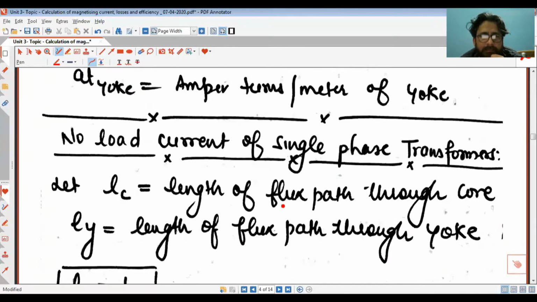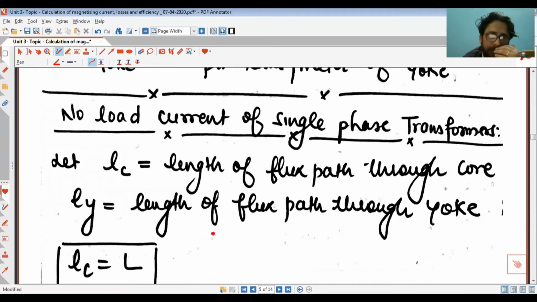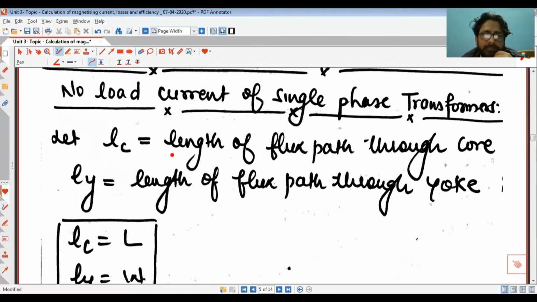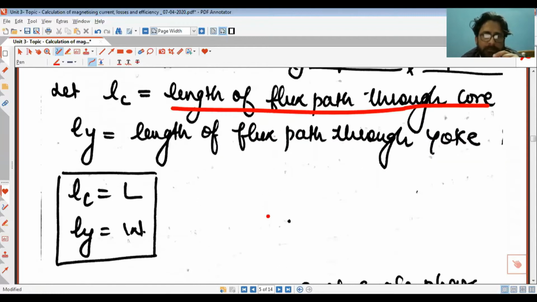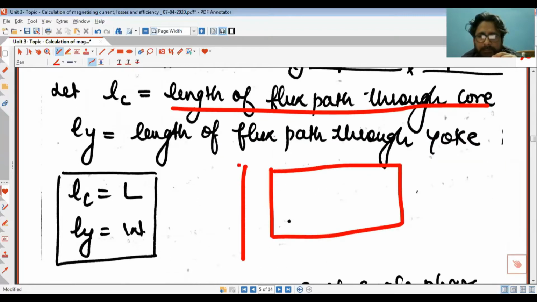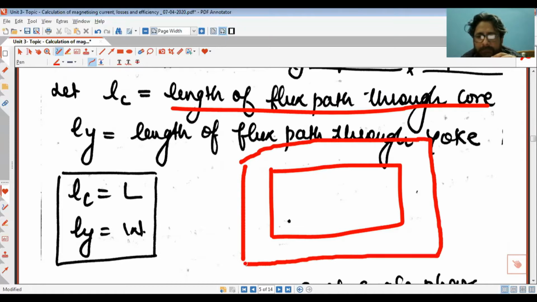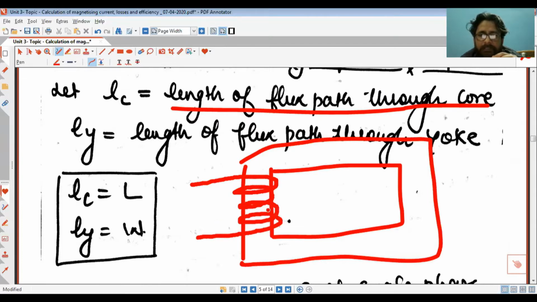Now let us try to understand it in terms of peak factor basically. So let us understand again the no load current of single phase transformer. So let us assume the length of the flux path through core. We have discussed, let us say a core type transformer is there. So in a core type transformer, the part of the yoke, means the limbs which have the windings wound over them, is the core.